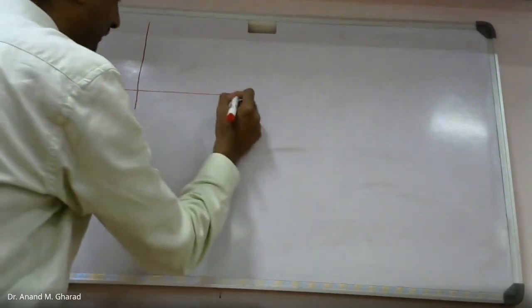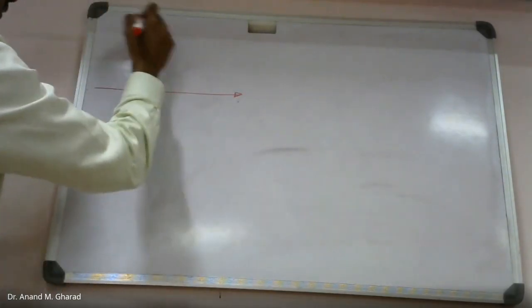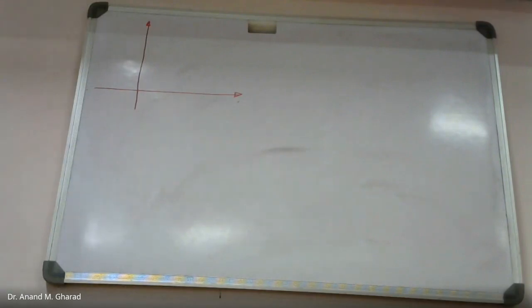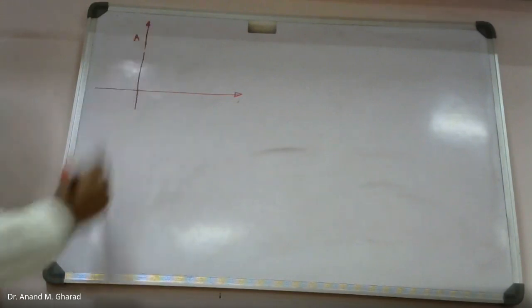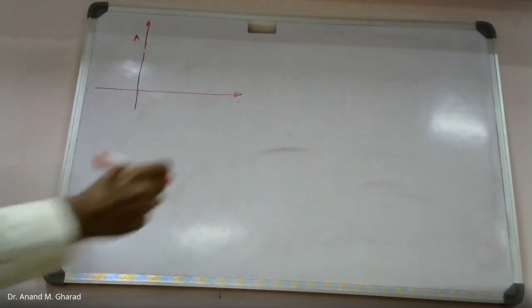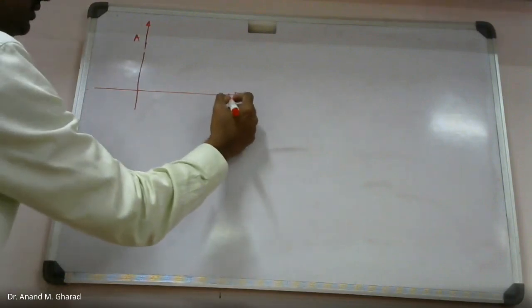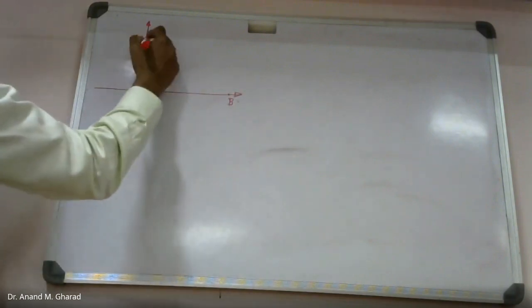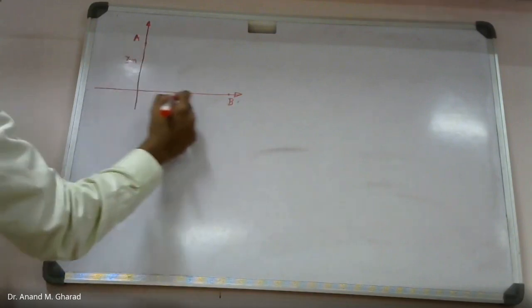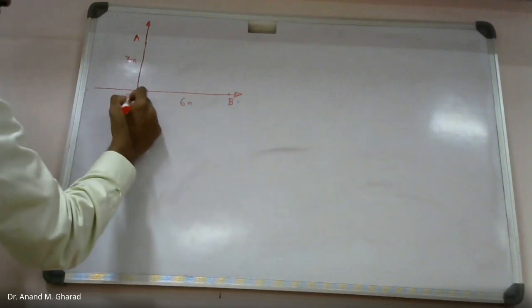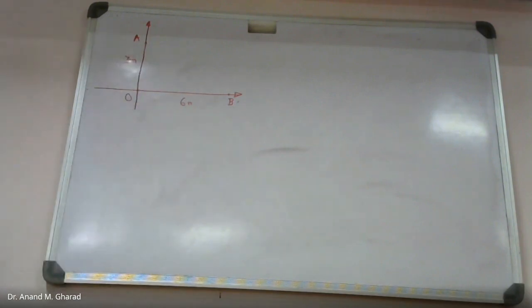So I need your attention, everyone. What is given? This is the system which is given. This is point A, this is point B, and the distances associated to point A and point B are 3 meter and 6 meter respectively from this point O. This is given.